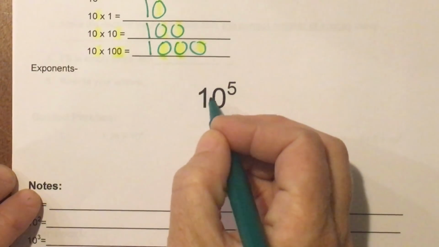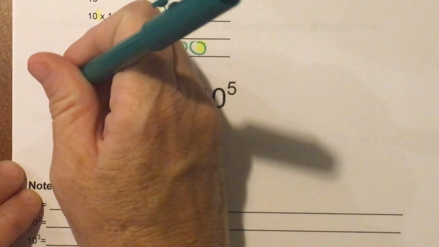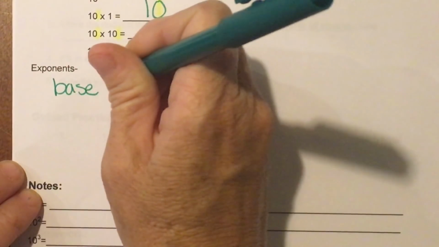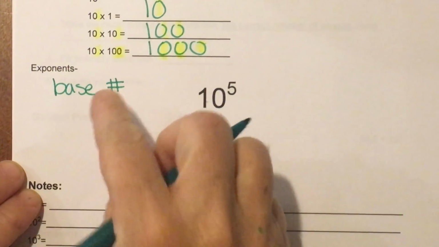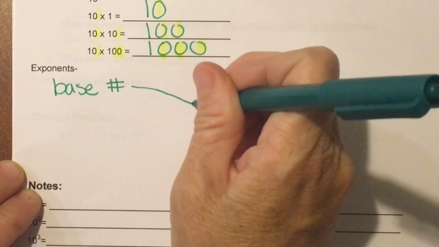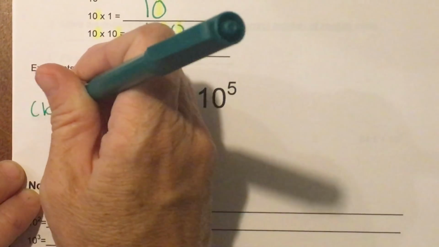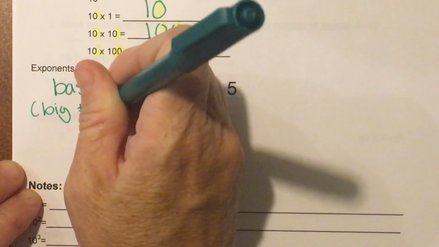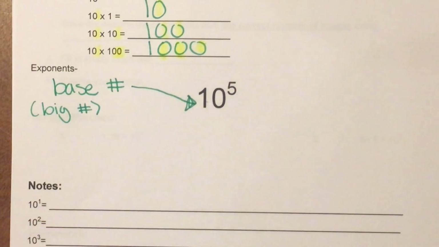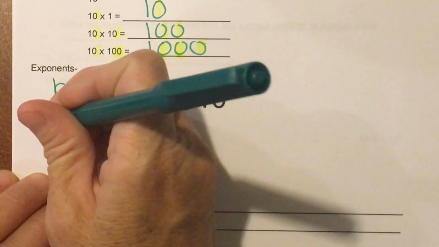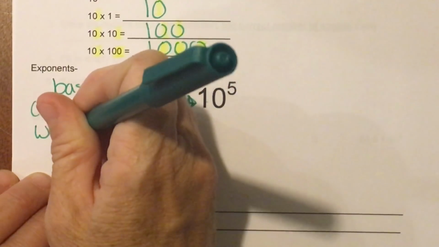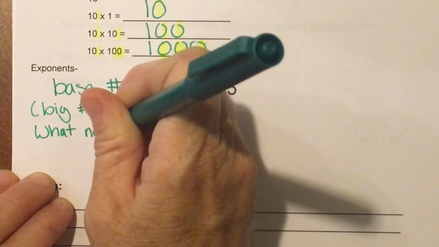So this large number, as I said, is called our base number. I like to think of it as the big number. The big number's job is to tell us what number we're going to be multiplying with.